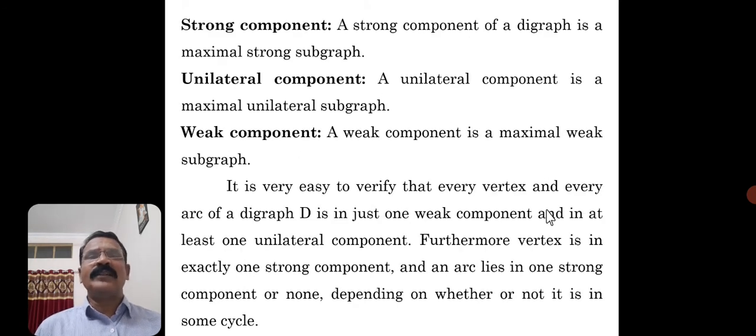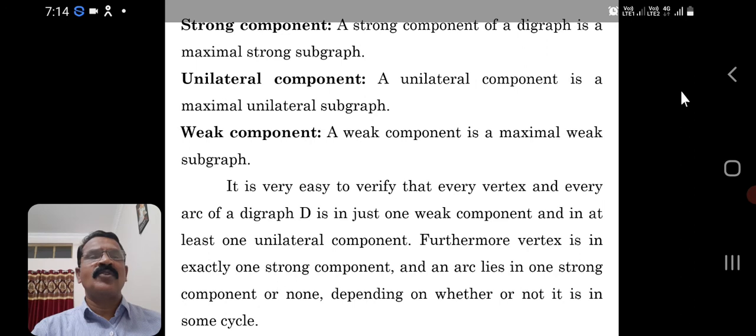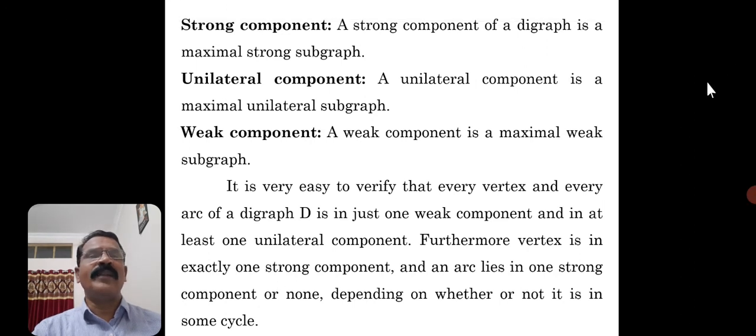As we have strongly connected, unilaterally connected and weakly connected, here also we have strong component, unilateral component and weak component. So we will see these three different components. What would be the strong component? A strong component of a digraph is a maximal strong subgraph.